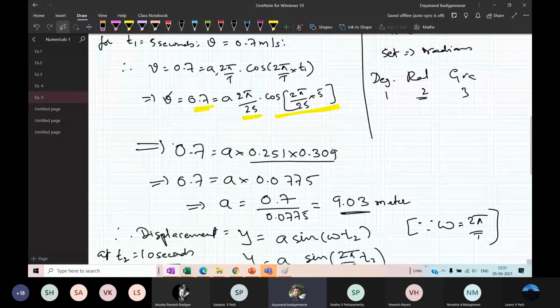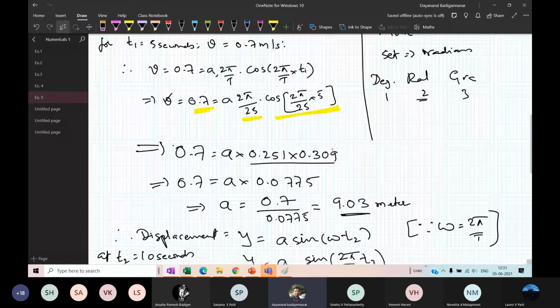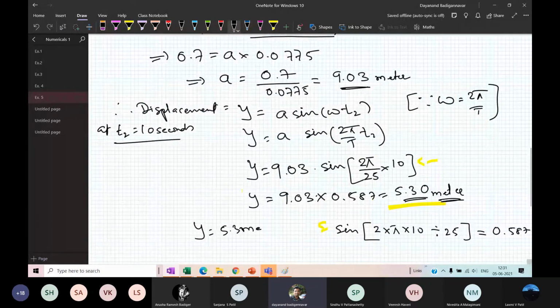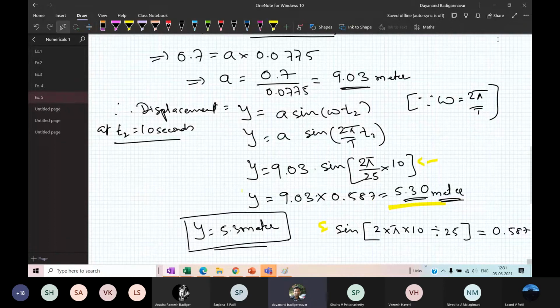Take the answer. This is the answer. So y equal to 5.3 meters.